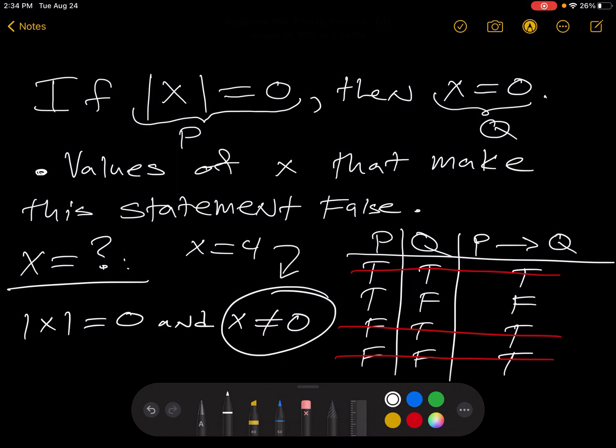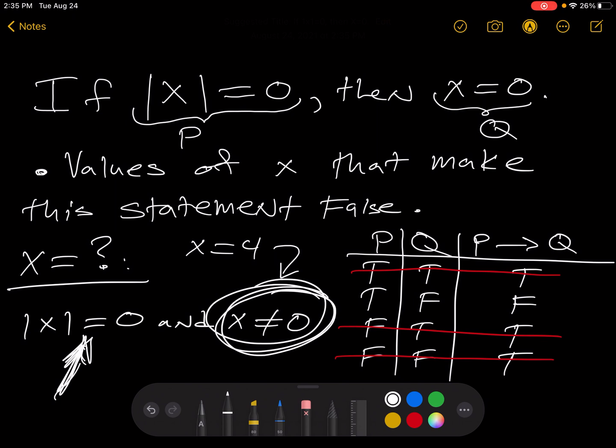Well, that satisfies that one, but it doesn't satisfy that one, because the absolute value of 4 is 4. It's not 0. So if we choose anything that's not 0 to satisfy this one here, we're not going to be able to satisfy this one here. And so this is impossible.